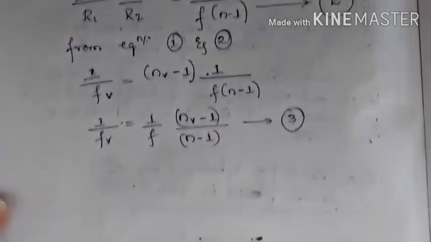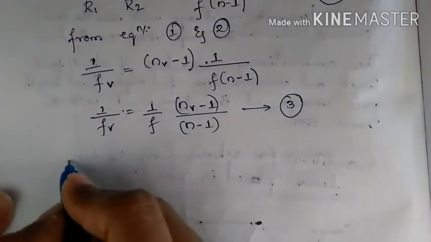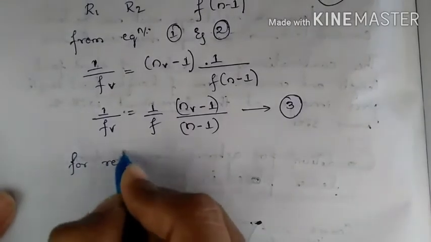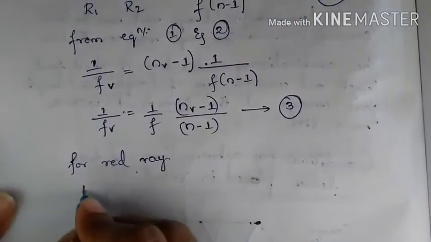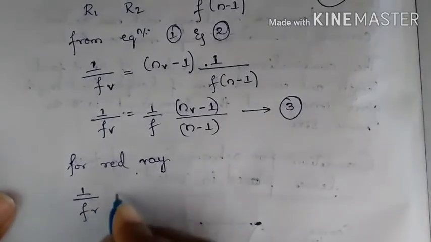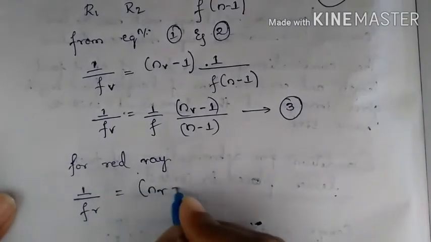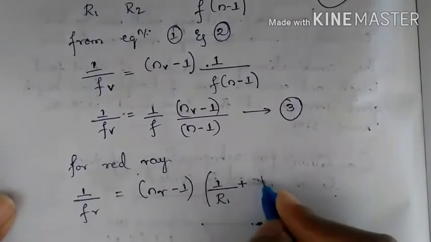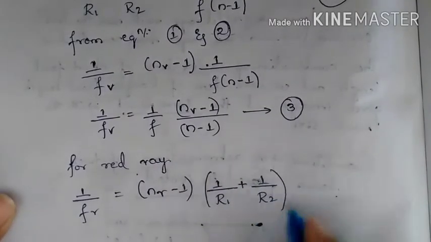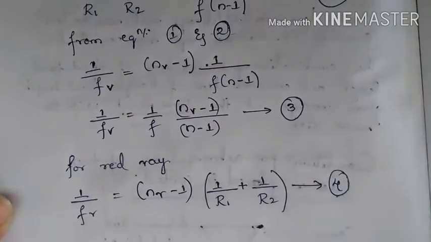So similarly you can write for the red ray also. For the red ray, the focal length will be 1 by Fr, that is equal to (Nr minus 1) multiplied by (1 by R1 plus 1 by R2). So let this be equation number 4.